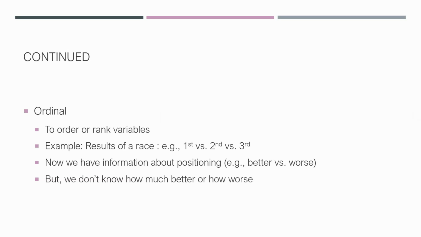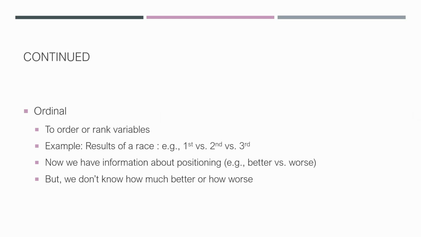Yes, we know that maybe Tommy might have come first in the race, and that Tommy might have been faster than Jimmy, and Jimmy was faster than Johnny, but we don't know how much faster Tommy was than Jimmy and how much faster Jimmy was than Johnny, right?